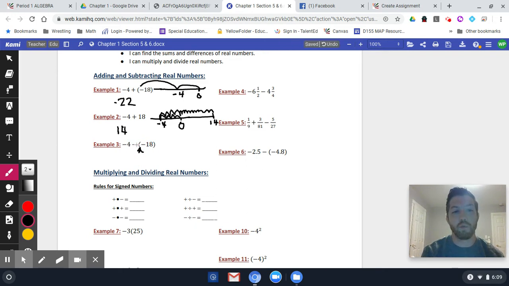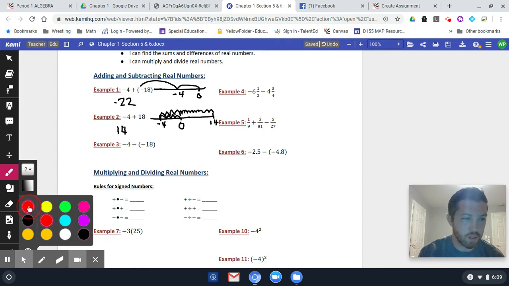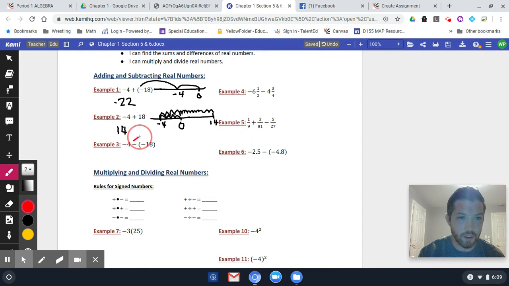That's a -1 times -18. When we have two negatives that are touching with no numbers in between them, that actually makes them turn into a positive. All right, so these two guys right here are going to form a positive, and then the negatives are going to disappear.